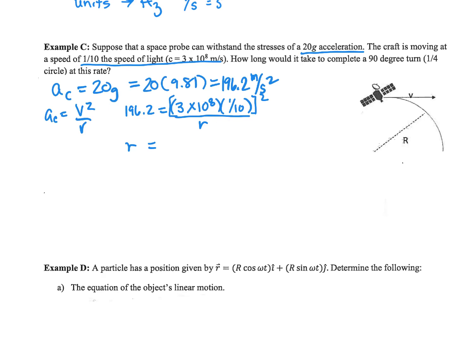So 3 to the 8th power divided by 10, square that, and we get about 4.5 times 10 to the 12th meters, 4.59.